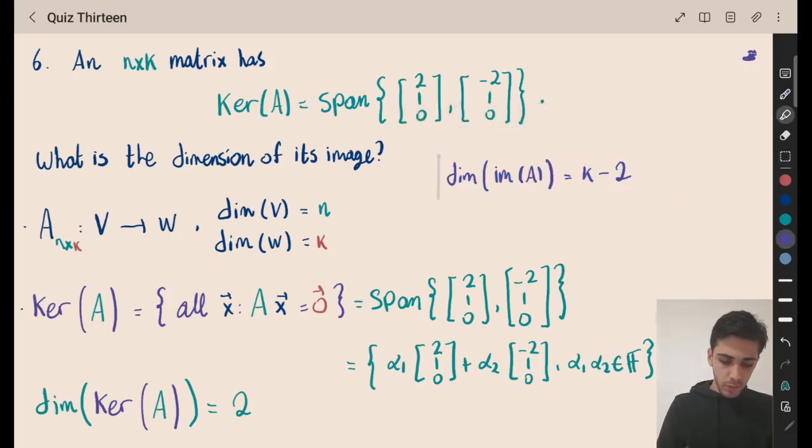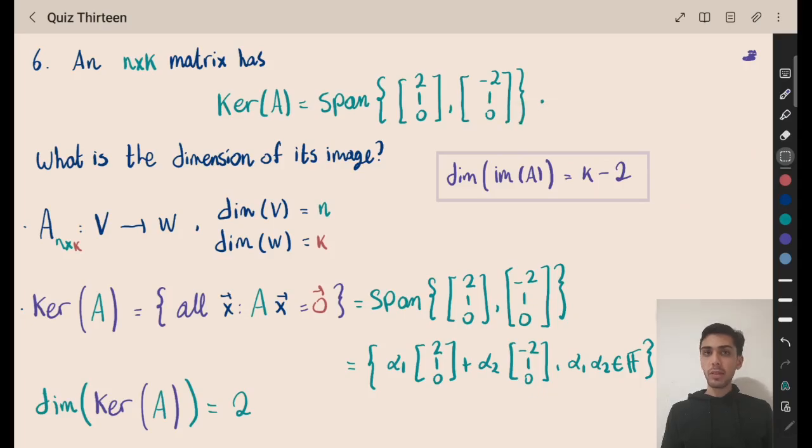I'm trying to think of a better way to phrase this. But in short, perhaps I'll say this one more time. If you have a map like the matrix A, and you have 2 dimensions which get sent to the 0 vector, then there are k minus 2 vectors which do not get sent to the 0 vector.